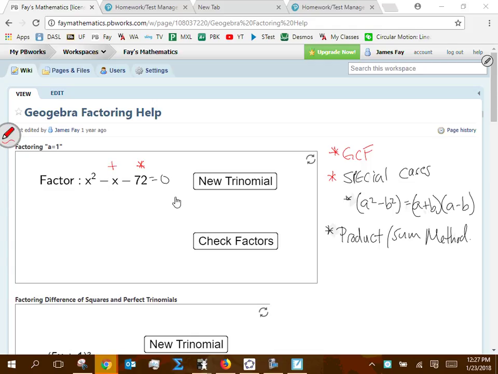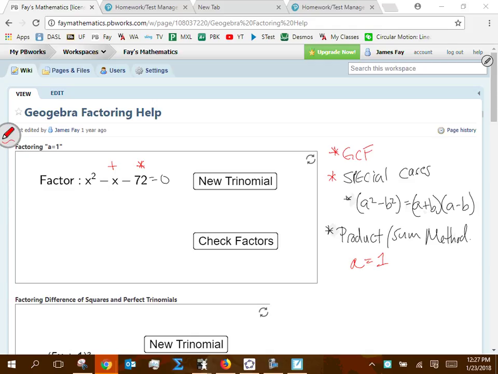Is that okay with everybody? Okay. You can only use the product sum method if your a coefficient, which is the coefficient that goes with x squared, is a 1. Otherwise, you have to use another technique a lot of times called the a times c method, and we'll get to that later on when we need it in other areas.